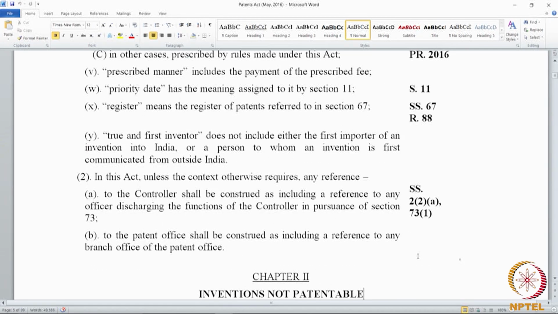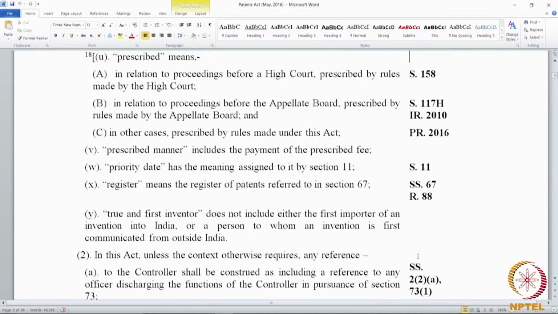That brings us to the end of the definitional clause. We will be looking at the definitions in greater detail because the definitions do come back in various other provisions of the Act, and in this version of the Patents Act that you are able to see, we also give the cross references.